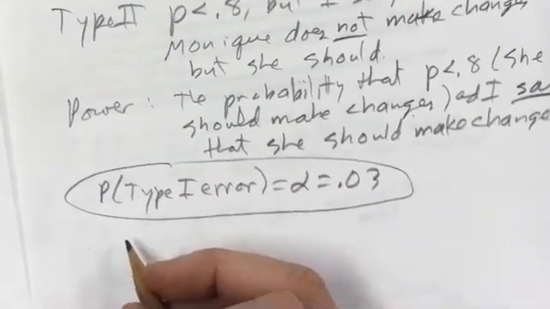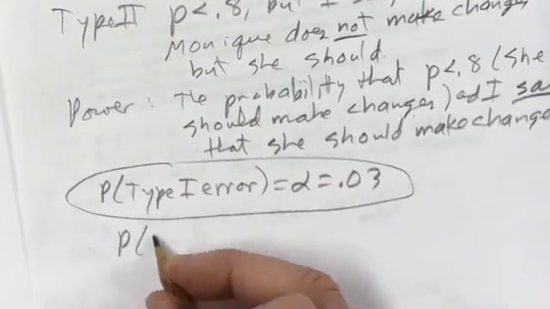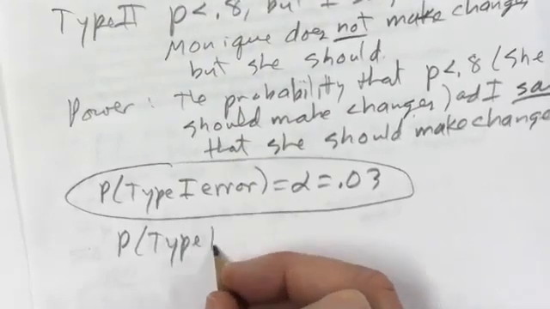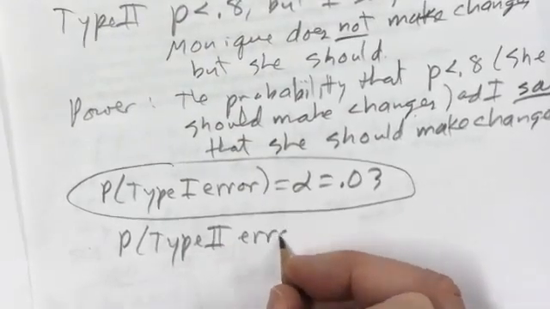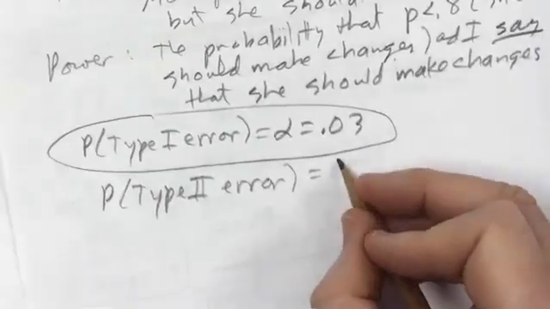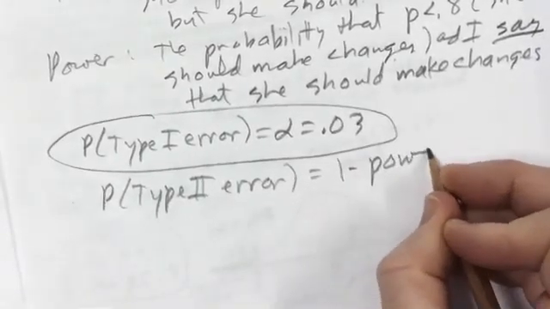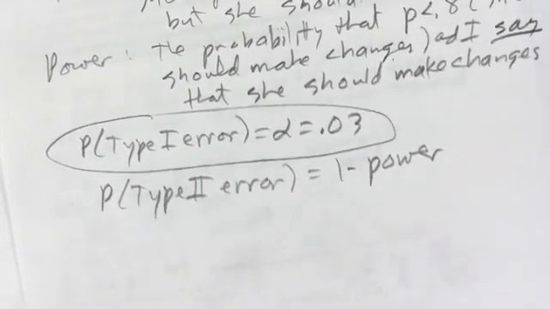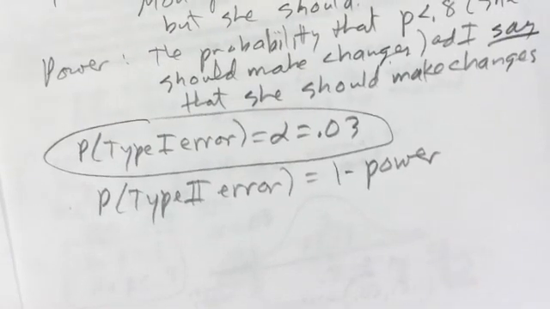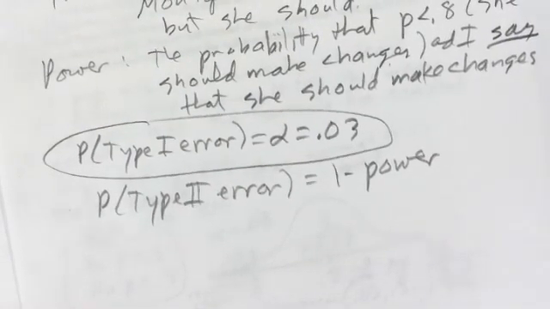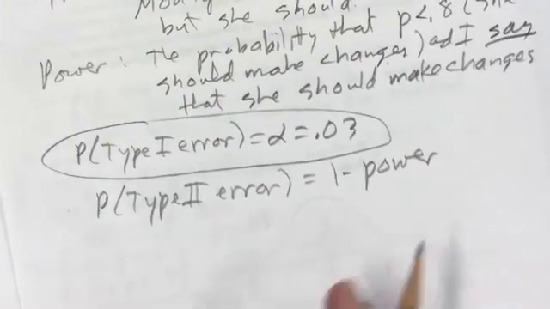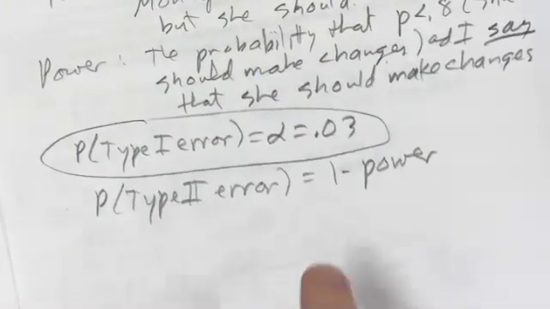Okay, and then always remember the probability of type 2 error is always equal to 1 minus the power. That has been on the exam a lot, and people miss it because they don't know that fact. So if you ask the probability of type 2 error, it's just 1 minus the power.